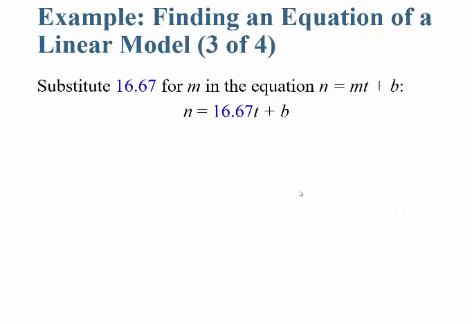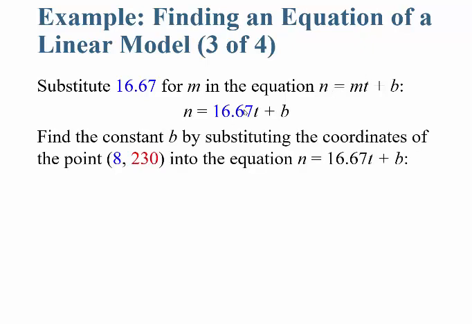The next thing I'm going to do is set up my equation. Remember, my equation is y equals mx plus b, but here we're calling y N and x T. So I'm going to plug in the slope I just found for m, 16.67. Then I need to find the y-intercept, or the N-intercept.